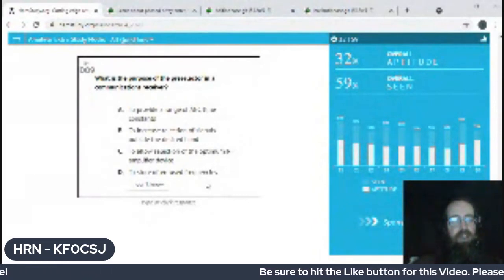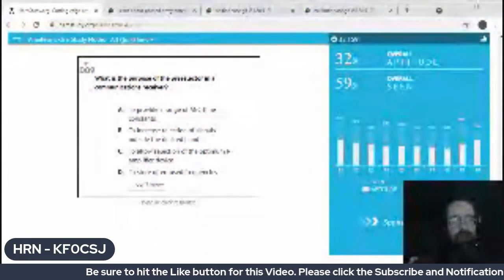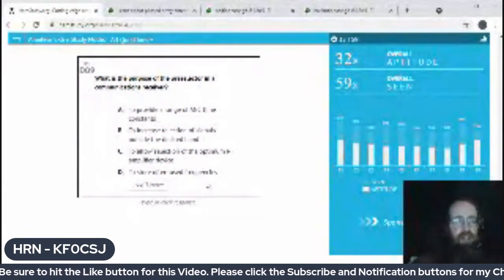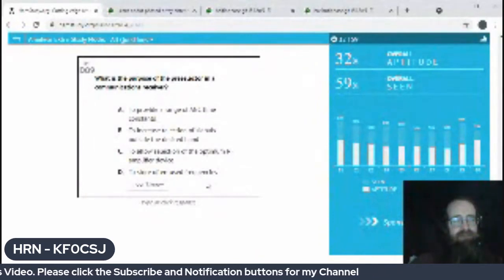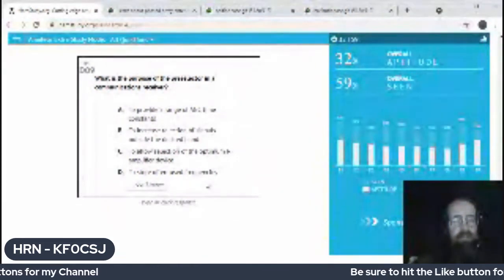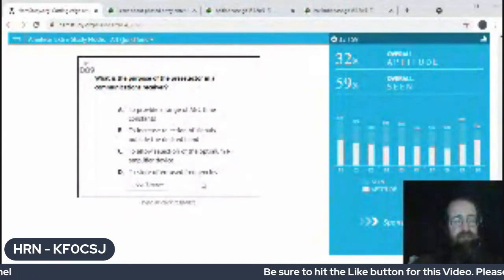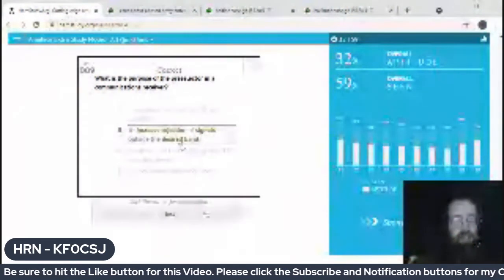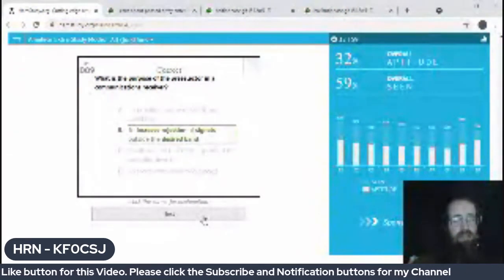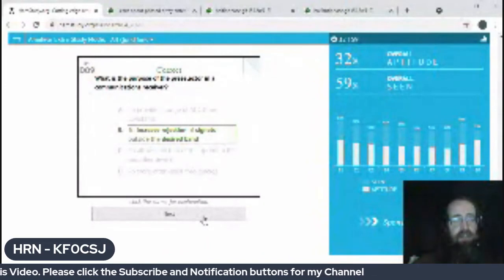D, to store often used frequencies. What is the purpose of a preselector? I'm going to go with B. Yep. Increase rejection of signals outside the desired band.